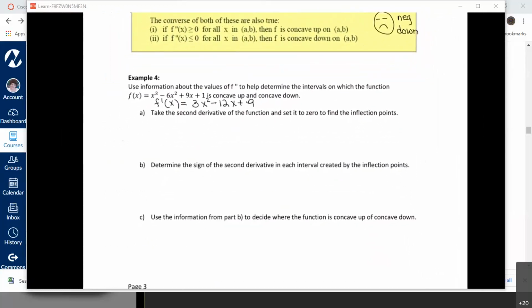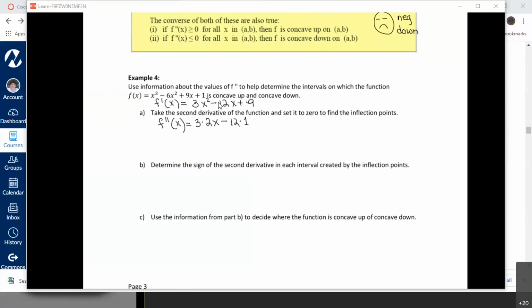So I'm going to differentiate it again. And I'm starting from the first derivative. So pull away the coefficient, bring down the exponent, drop the exponent by 1. For the x term, pull away the coefficient, bring down the exponent, drop the exponent by 1. This constant term drops out again.